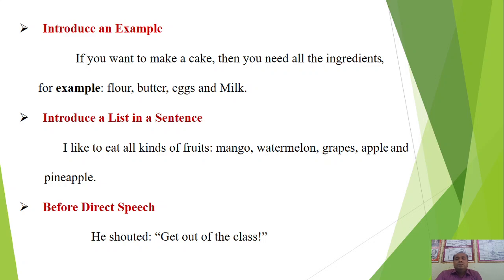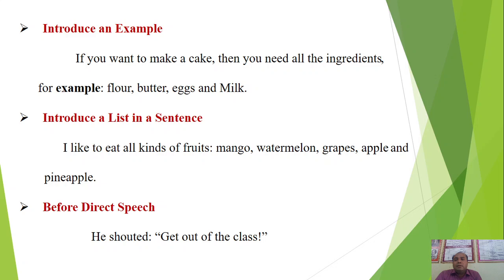See here: If you want to make a cake, then you need all the ingredients, for example: flour, butter, eggs and milk. So to introduce a list of items as an example, you use a colon.